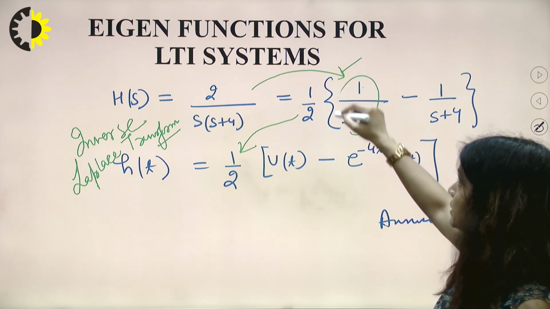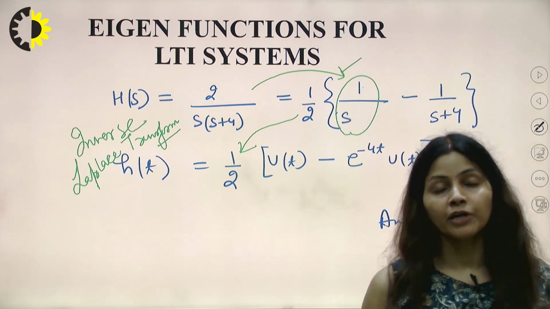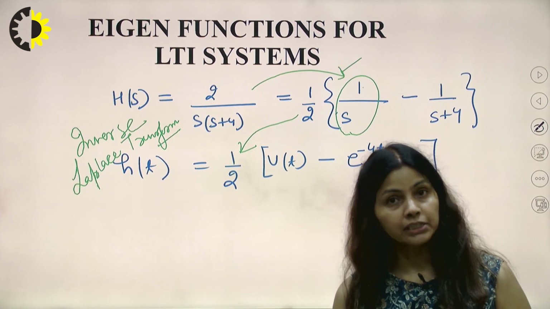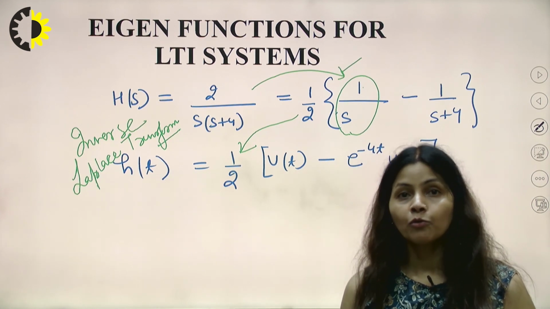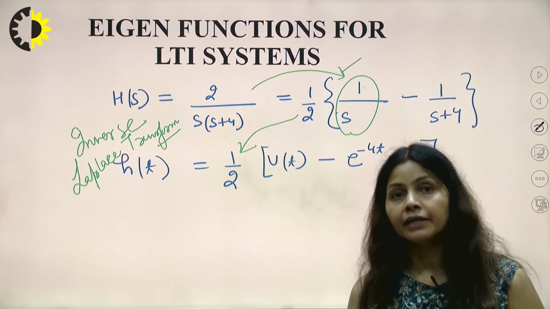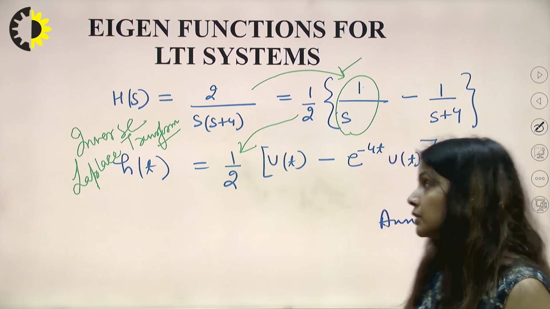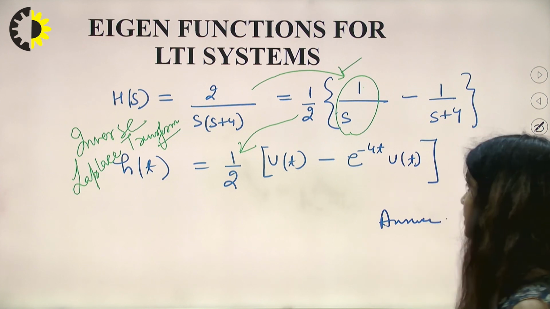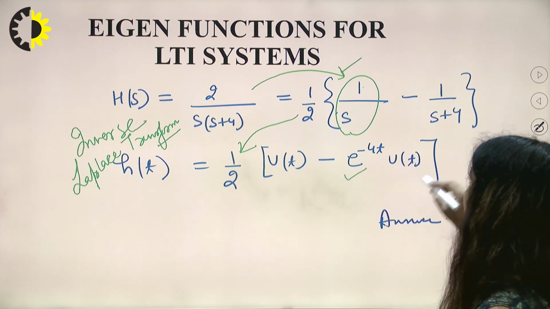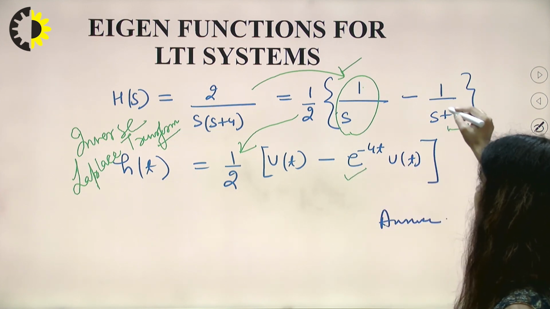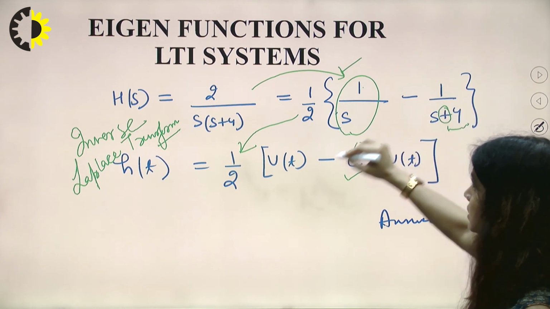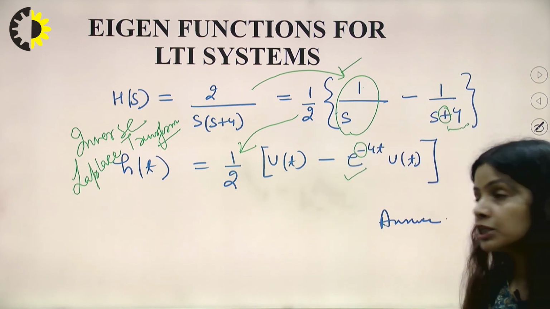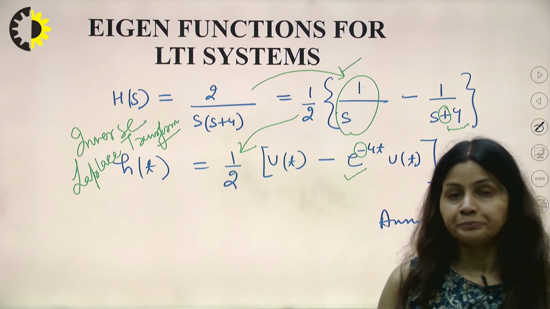For 1 upon s, the inverse Laplace is u(t), and for 1 upon s plus 4, the inverse Laplace transform will be e raised to the power minus 4t. Please remember that whenever it is plus here, we take a minus sign, so e raised to the power minus 4t u(t).